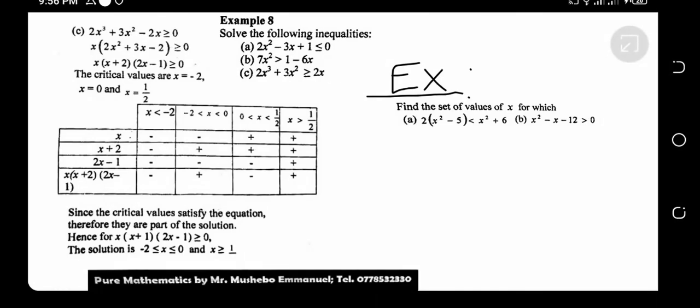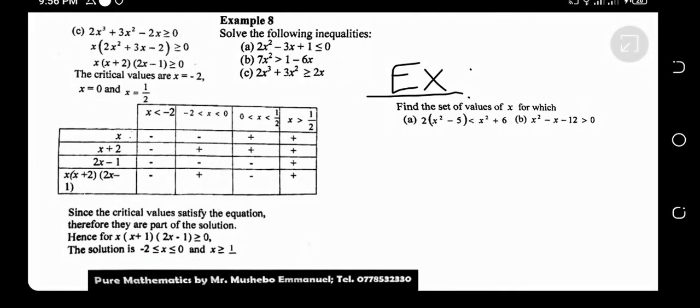So that's why the solution set is -2 less than or equal to x less than or equal to 0. So we are getting this one here, but remember we modify it because the critical values are also inclusive. So that's why we have to add there by saying less than or equal to.